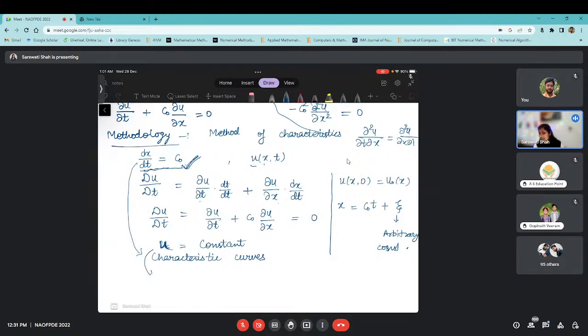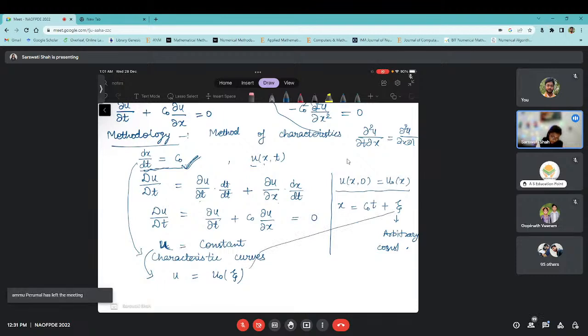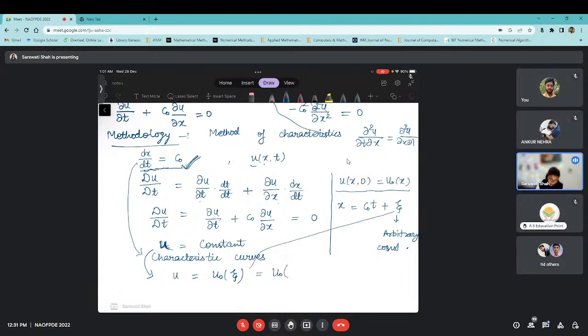It should also satisfy the initial condition, isn't it? So this u should be equal to u naught xi, because u is constant and it will also pass through this initial condition. And if we put the value of xi from here, then it becomes u naught of x minus c naught t. Basically xi equals to x minus c naught t.